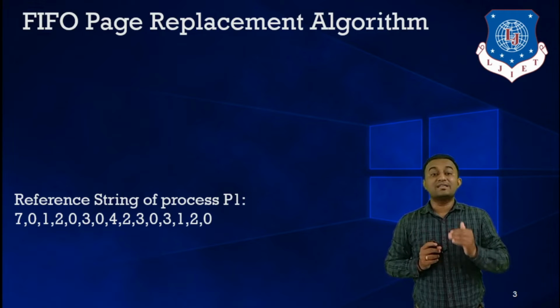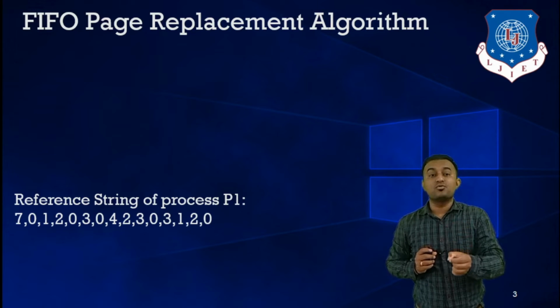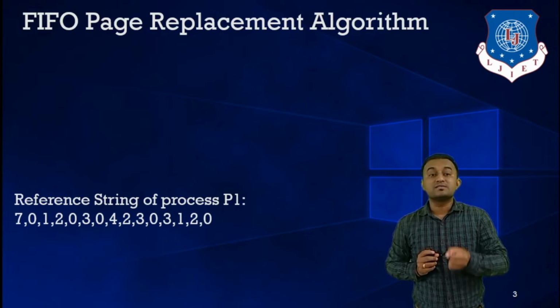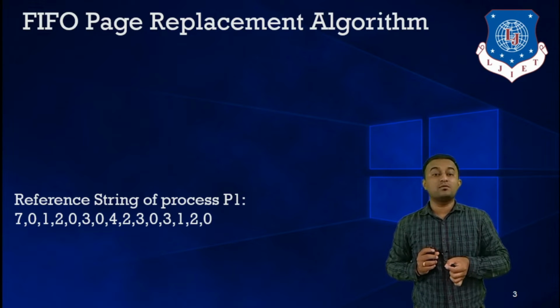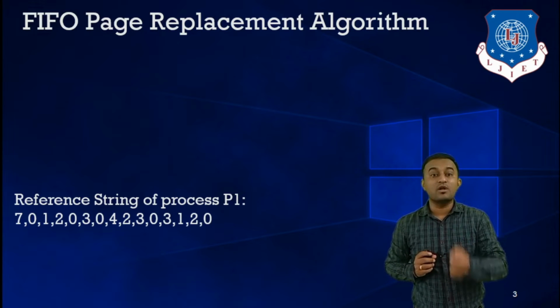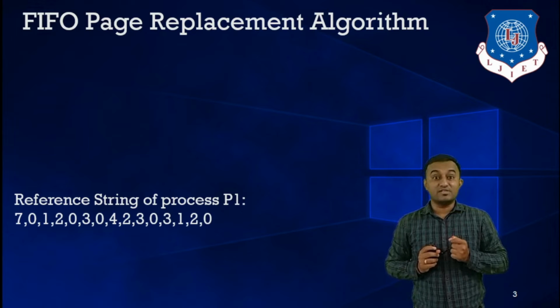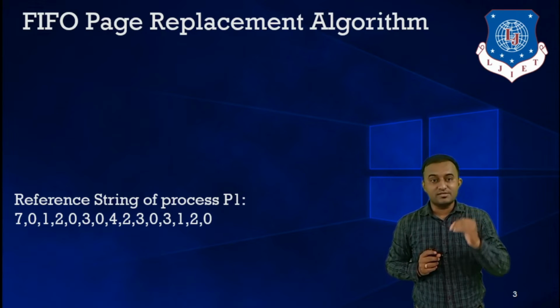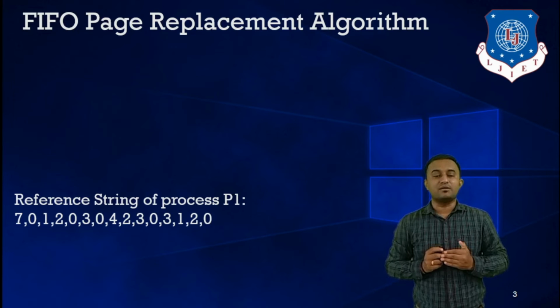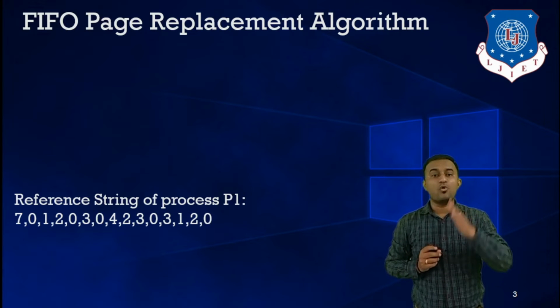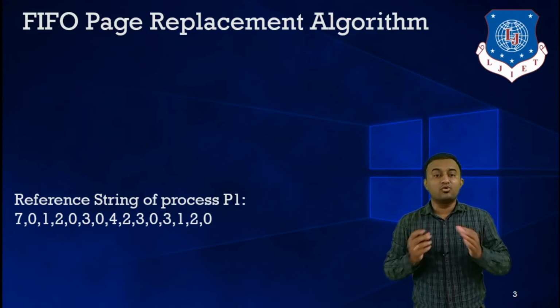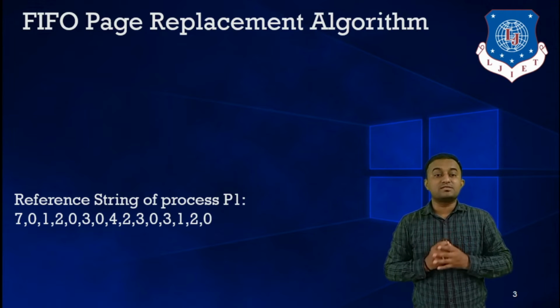The reference string is 7 0 1 2 0 3 0 4 2 3 0 3 1 2 0. These are the pages, and this sequence represents what? First, the CPU requires the 7th page of process 1, then it requires the 0th page of process 1, then the first page of process 1. This is the order they have mentioned, so according to this order we need to execute this task.